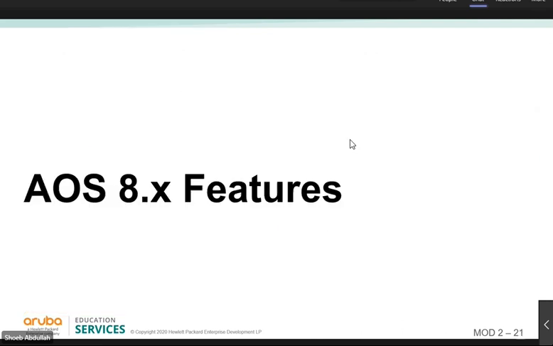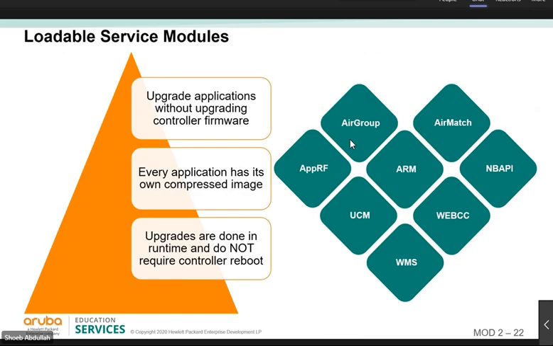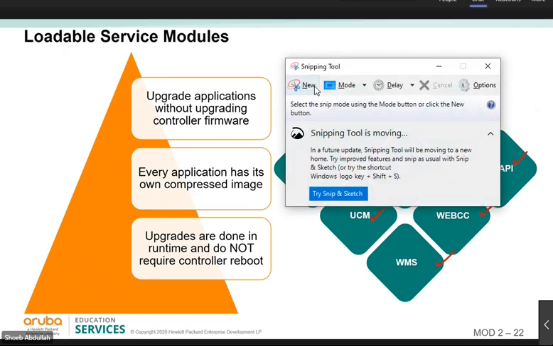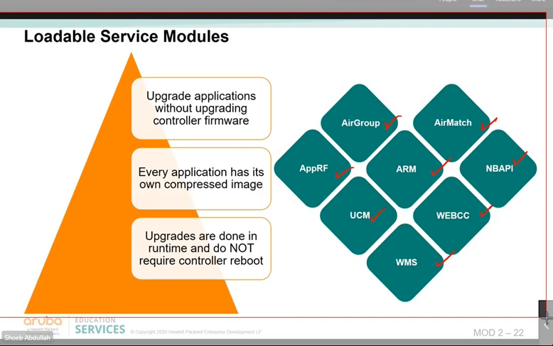So now we are going to discuss the exclusive Aruba 8.x features, out of which one is your loadable service module. What is the loadable service module? These are different applications which run on top of your mobility master. These applications are purposefully designed to help us with certain feature sets.